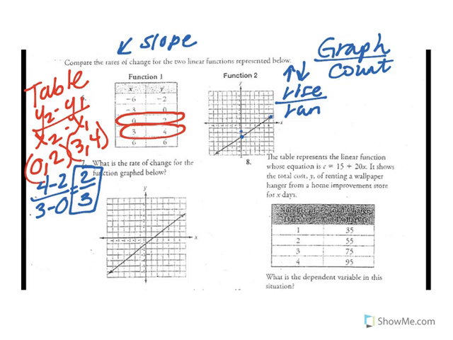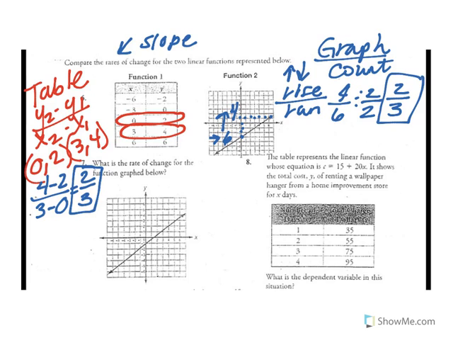So you would count 1, 2, 3, 4, so up 4, and over 1, 2, 3, 4, 5, 6, and over 6. And if you reduce these by dividing both by 2, you'd get 2 over 3.